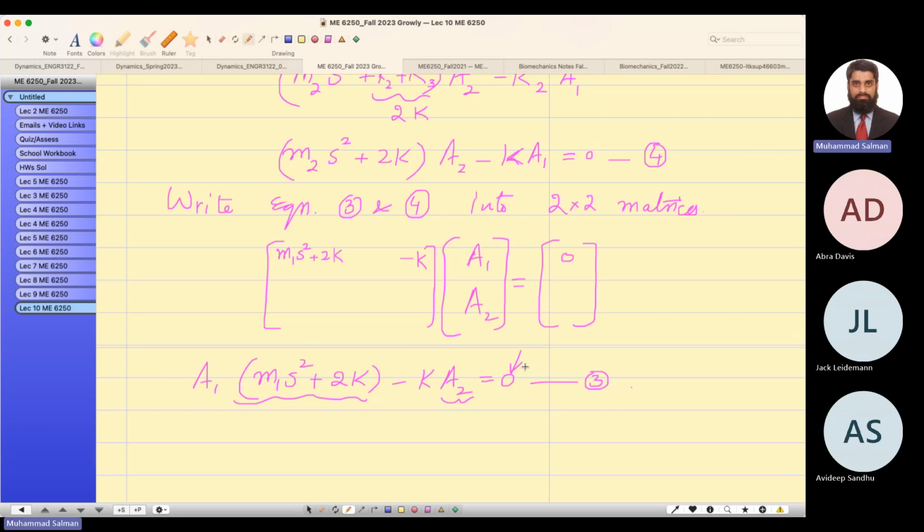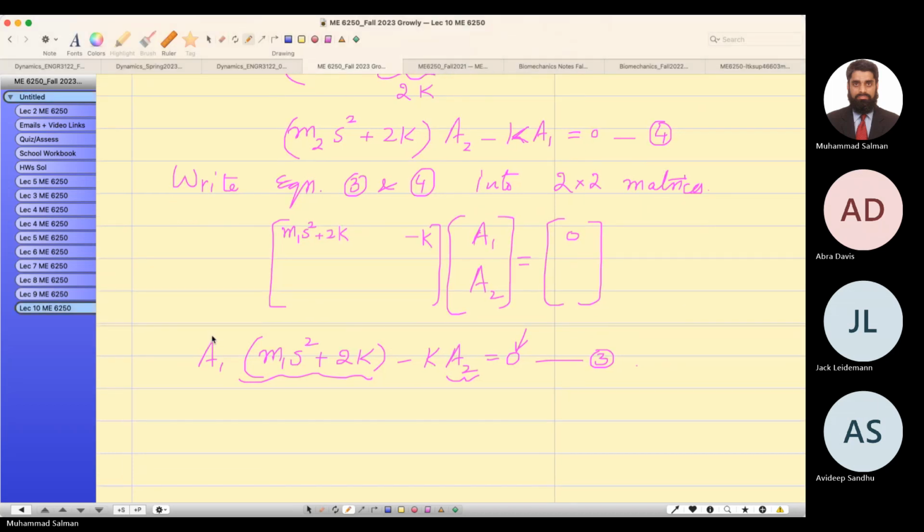Can you write down the fourth equation? And see what do you get? Negative k first, correct? Because this is negative k. The coefficient of A2 is M2 s squared plus 2k.